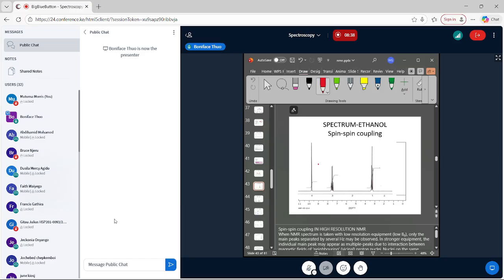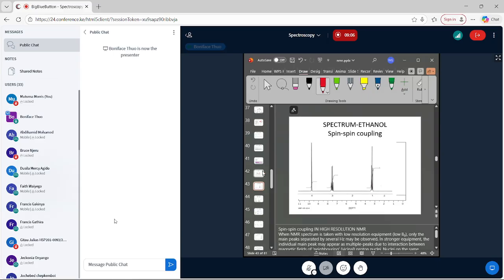Okay, this is the same spectrum, the same compound, but now taken with a spectrometer with a higher resolution. What we observe is the micro splitting of individual peaks into sub peaks.